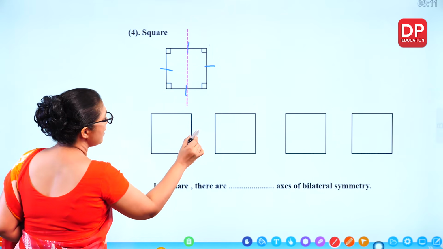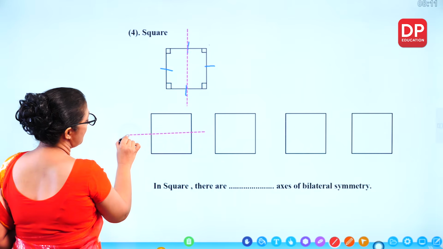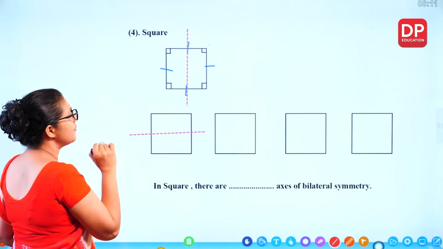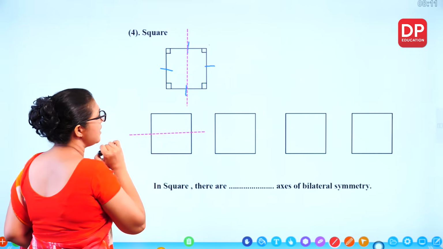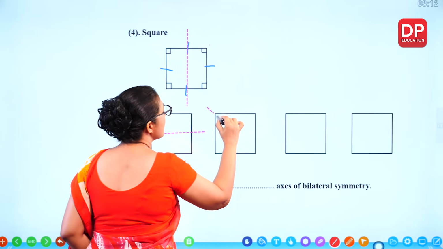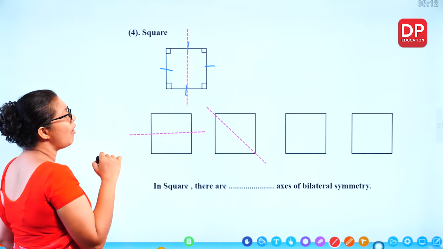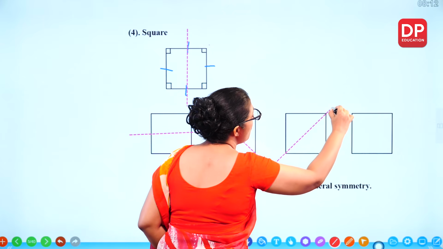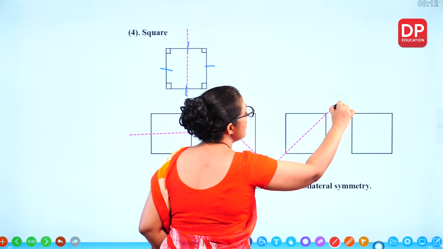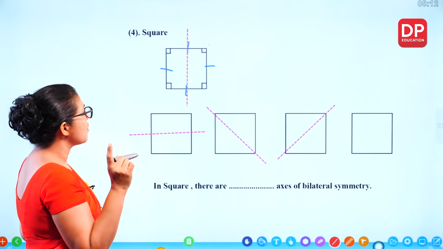Then I can draw another line this way. Then another one here and here. And what about this? You can draw a line along this way or this way as well. So how many axes of symmetry are there? So altogether 4 axes of symmetry.